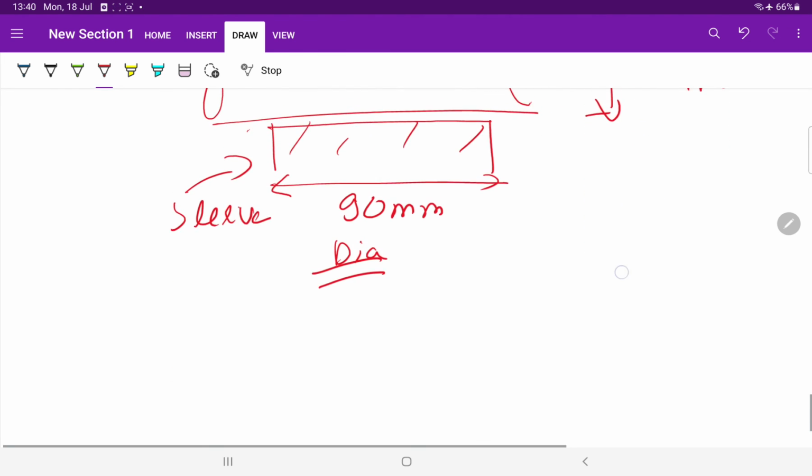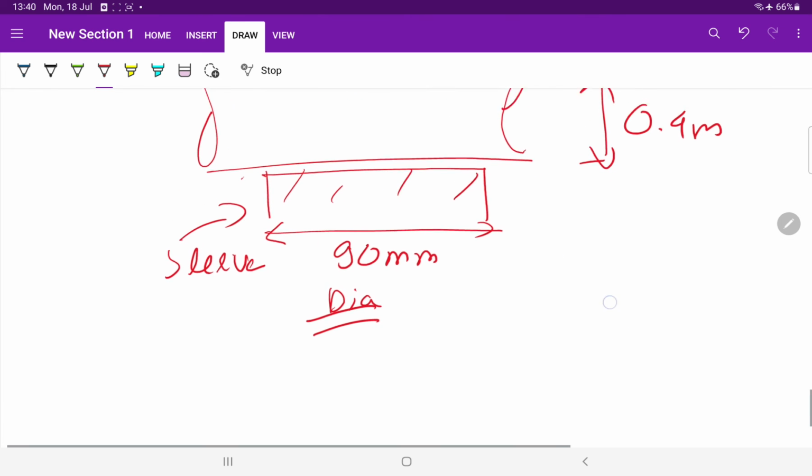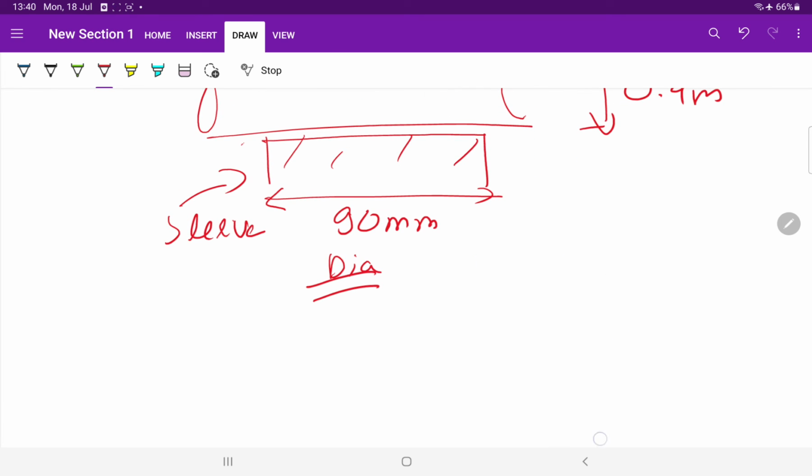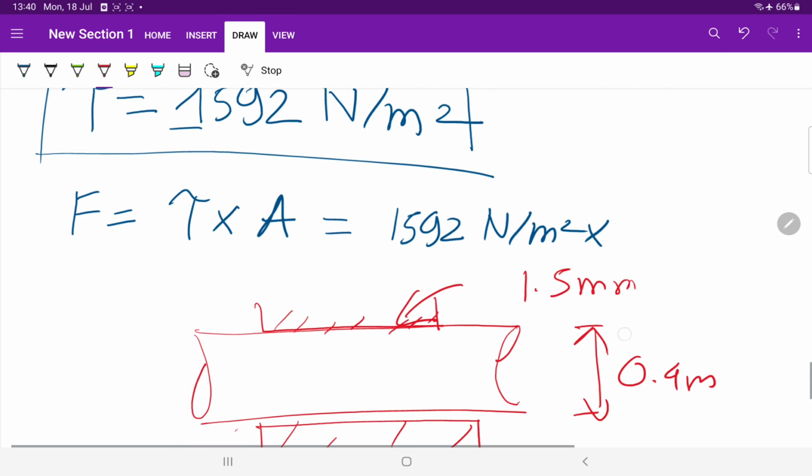So now the area, which area will it be? It will be the circumference. So for the circumference of this cylinder, we know it is 2 pi r or pi d. This is the circumference of a cylinder, right? Similarly this formula will be used here, pi into d, that is 0.4.